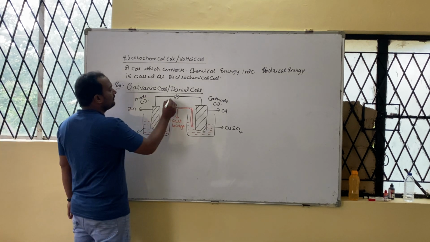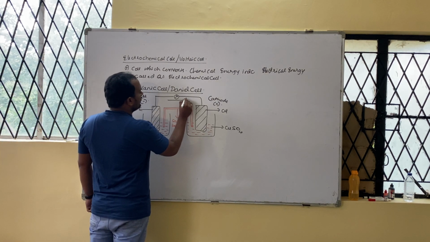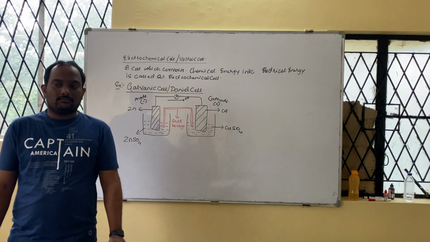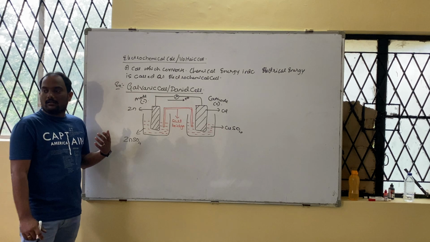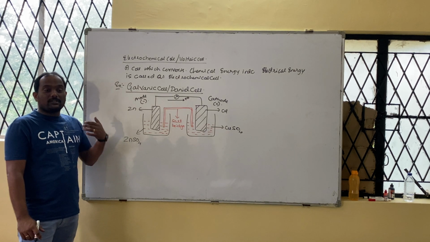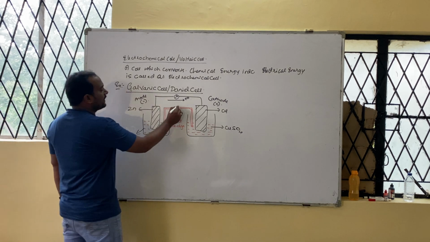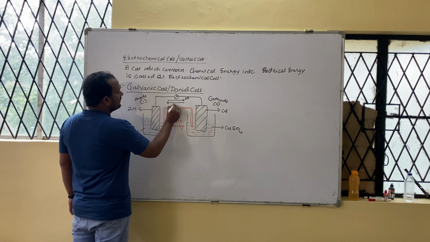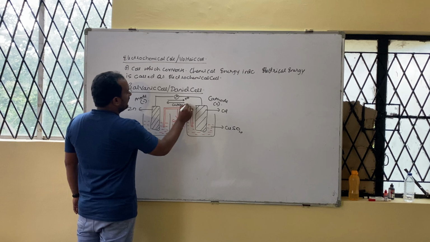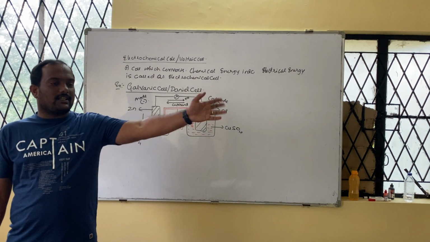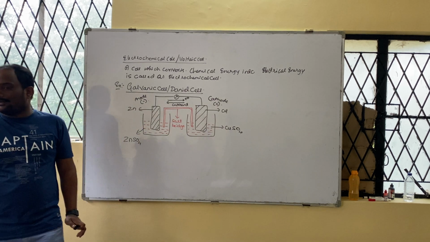Then where do they travel? To the cathode. This is the electron flow. Then you know where the current direction is? Opposite. Why? Opposite to the direction of electron movement, current will flow. No? So where is the direction of current? Exactly opposite. This is the direction of current. I think in physics you learned this one. If electrons move to the right side, where is the direction of current then? Exactly opposite.